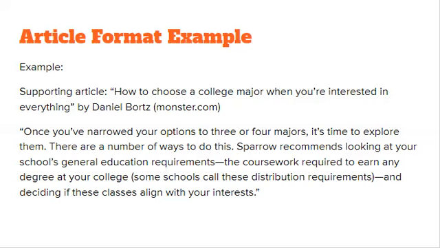There are a number of ways to do this. Sparrow, a counselor that the author interviewed, recommends looking at your school's general education requirements, the coursework required to earn any degree at your college, some schools call these distribution requirements, and deciding if these classes align with your interests." So that helps support one of my reasons for my thesis. So I want to hold on to that one and see how I can incorporate it later.